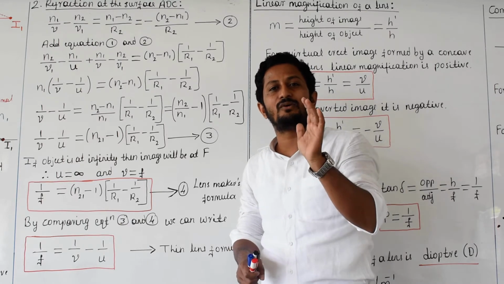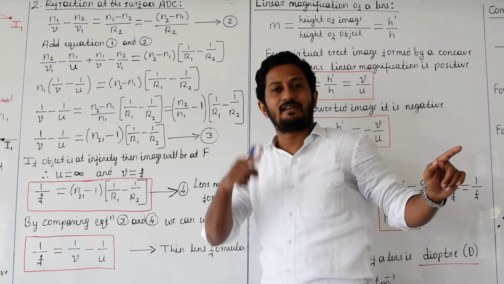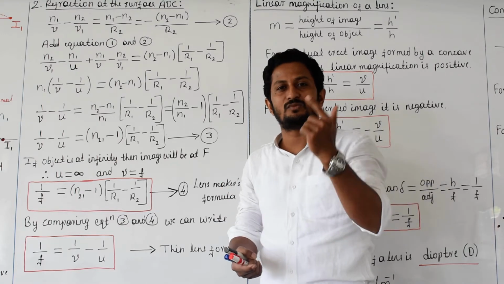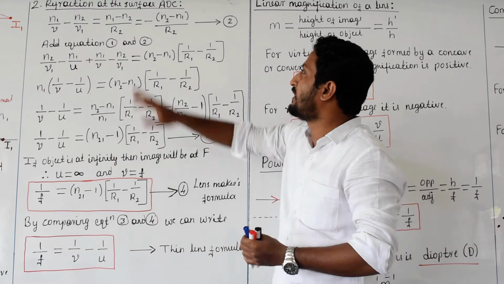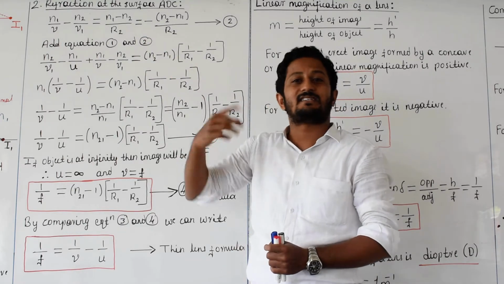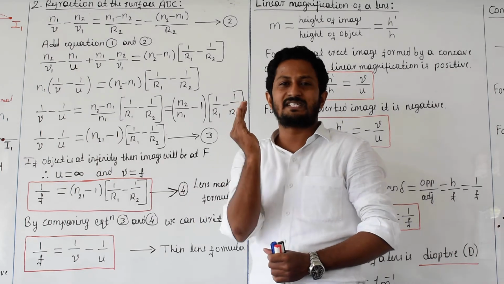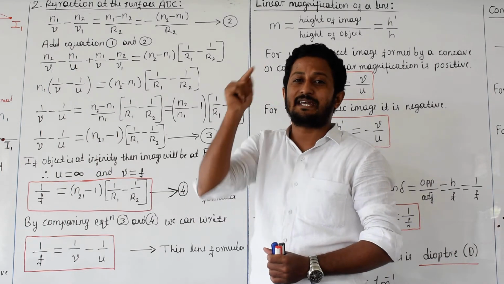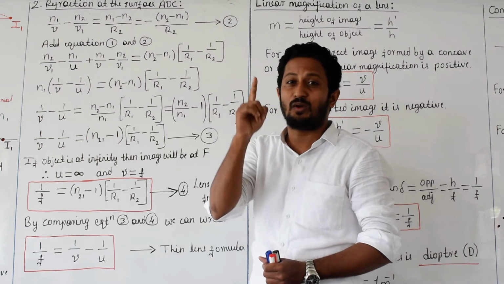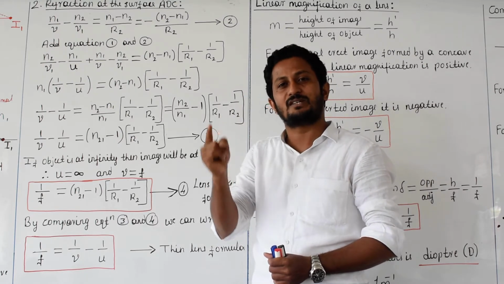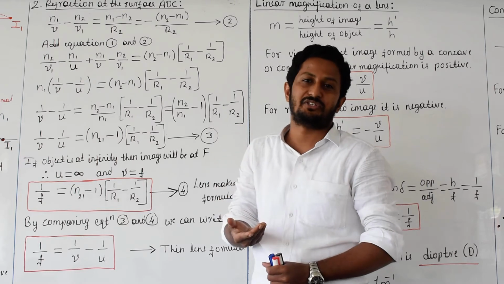There we got the image in the rarer medium and the object was in the denser medium. For that there is one formula that I have written by considering the sign conventions. Previously, when we were discussing refraction at ABC, we also wrote one formula, equation 1, with sign conventions.